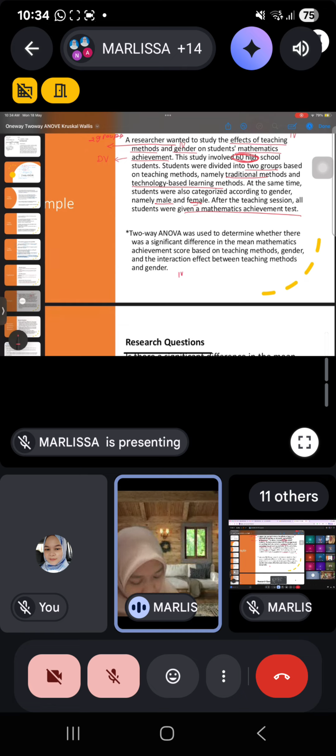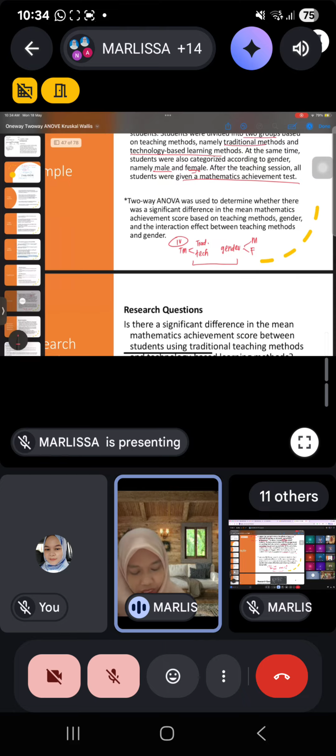We have the IV teaching method, with 1 group for traditional and a second group for technology. And then we have gender, male and female. These are both of the IVs, so we have 2 factors here.